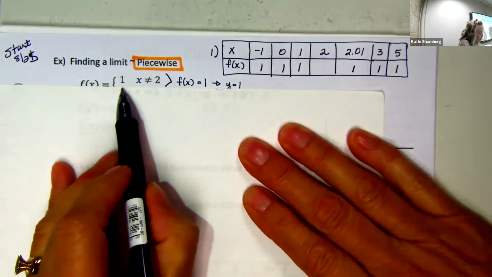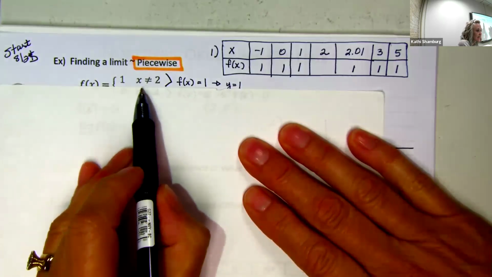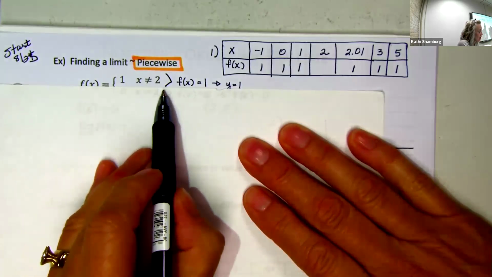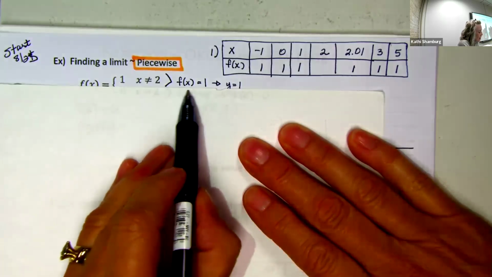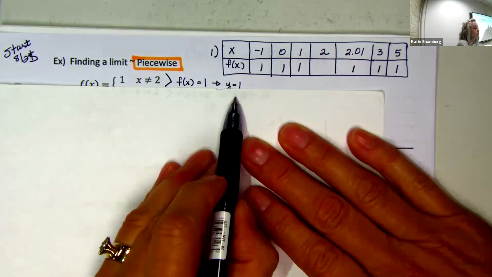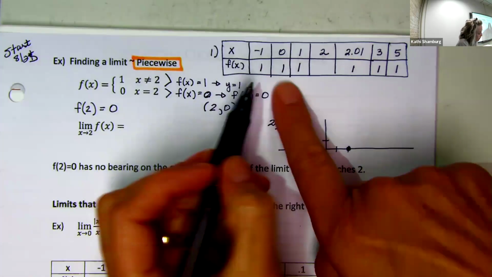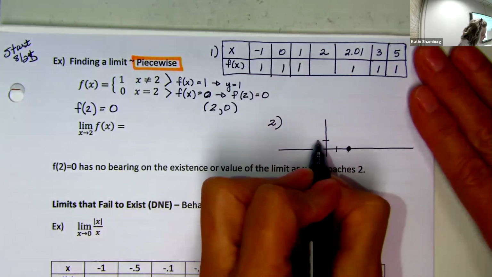So we know the output will always be 1, but x cannot equal 2. So that tells me that f at x is always equal to 1. If I replaced f at x with y, I just want to graph the equation y equals 1. What kind of graph is that? So for example, it would be (0, 1). So notice it would be all of these. Where's (-1, 1)?